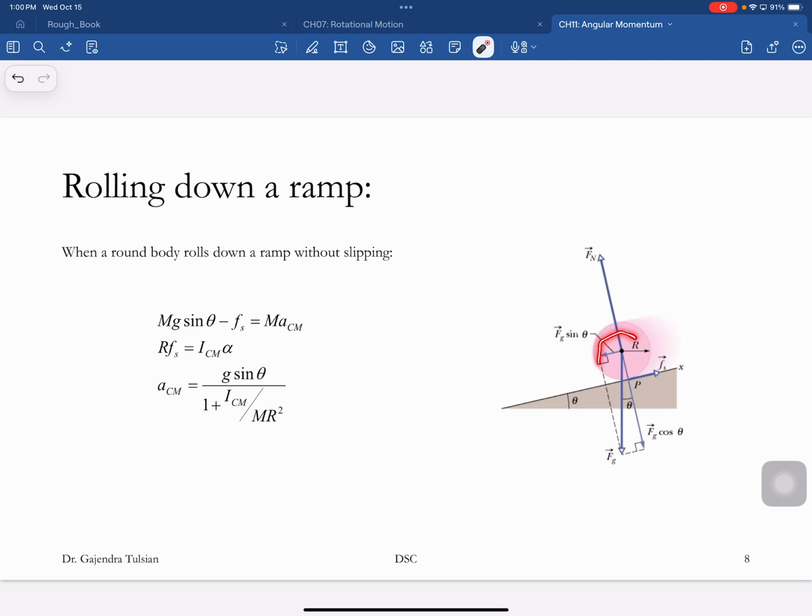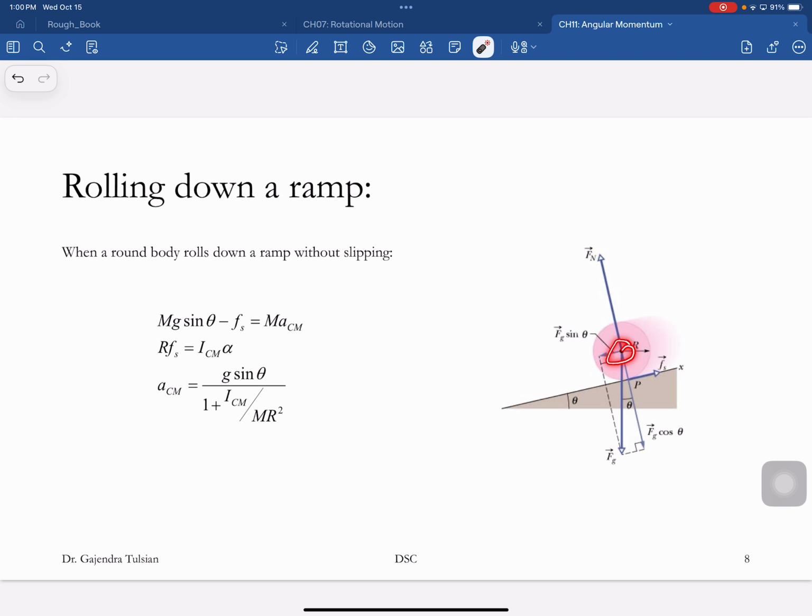So now let's say you have a wheel that's rolling down a ramp. So there's the weight of the wheel, and there's the component of the weight. This is mg, this is mg sine theta, and this is mg cosine theta, and that's equal to the normal force. And this is the static friction force.